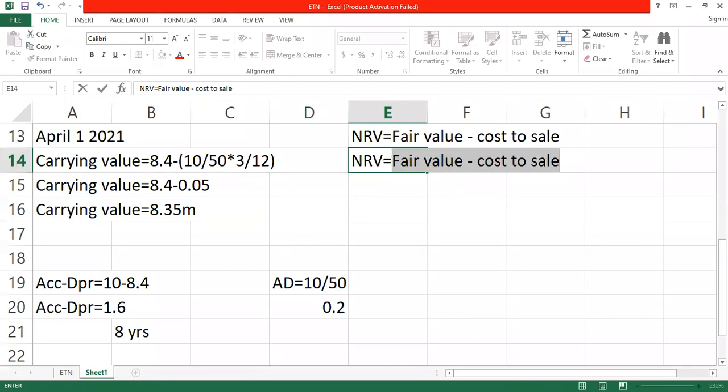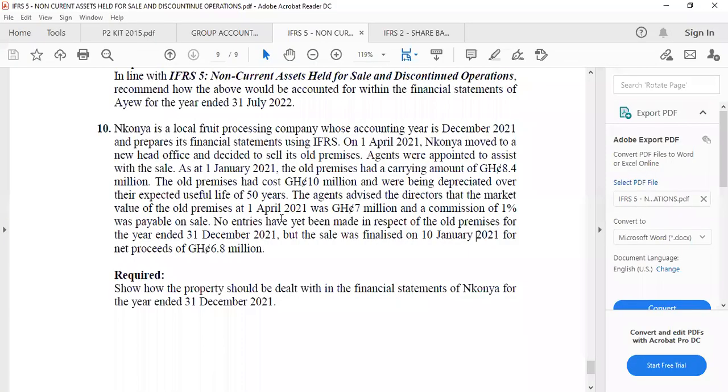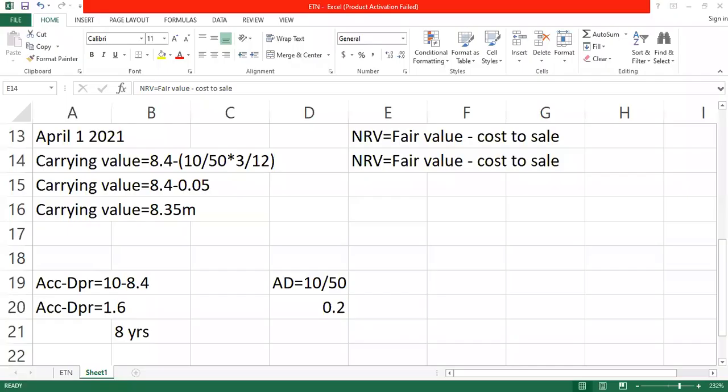From the question, what is our cost to sell? From the question, what is our fair value? 7 million. And our cost to sell is 1%, which is 0.07.